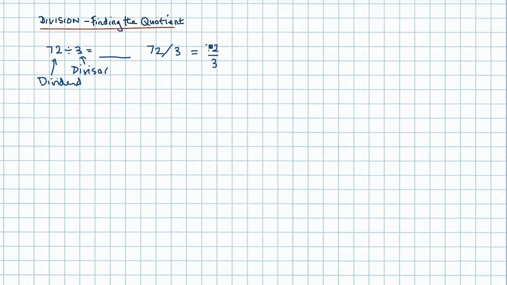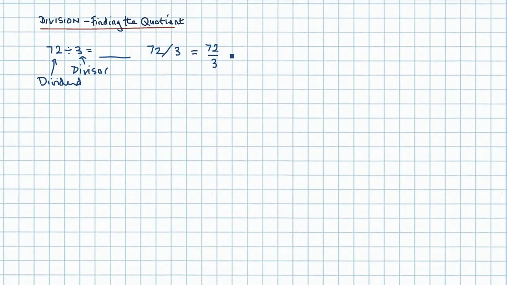So 7 divided by 3 is actually, of course, 70 divided by 3. But we need to get either exactly in there, or, well, it's going to be a little bit under this 72. So we're looking at what multiplied by 3 is going to give us 70 or under. We're trying to get as close as we can.